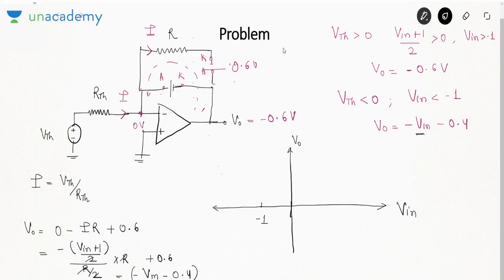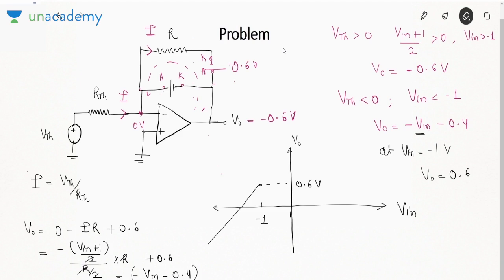So minus 0.6. At -1, we are getting a discontinuous curve then. At -1, V0 will be 0.6. And the slope will be like this. What about the slope? Sorry, the slope will be negative.